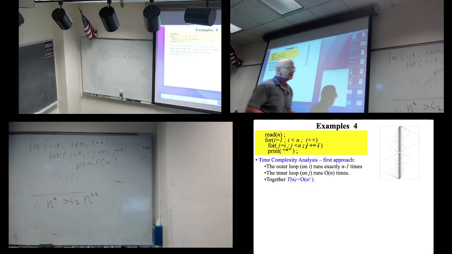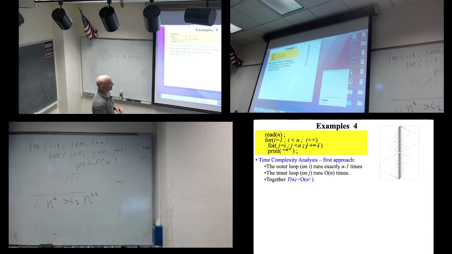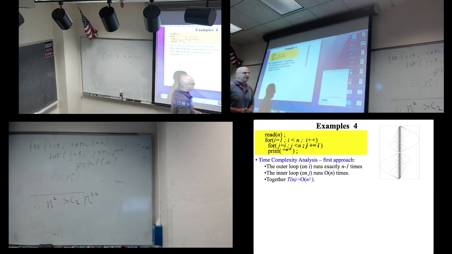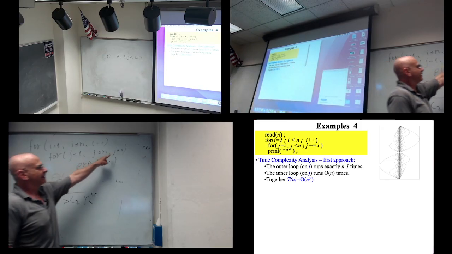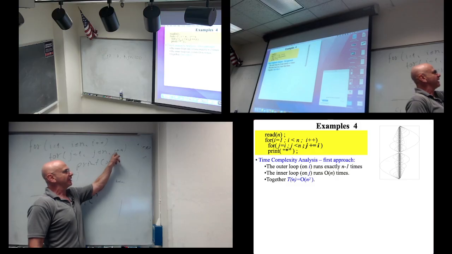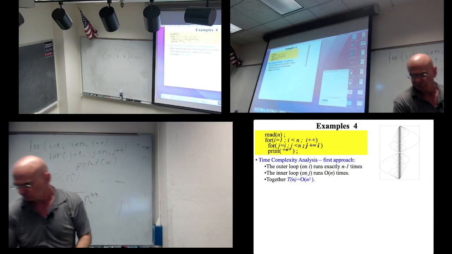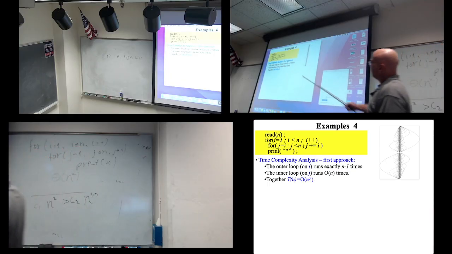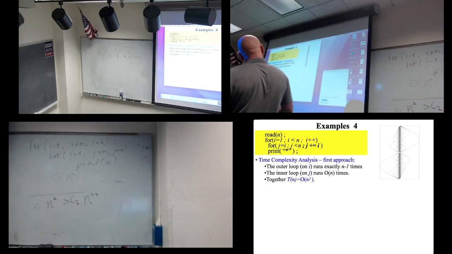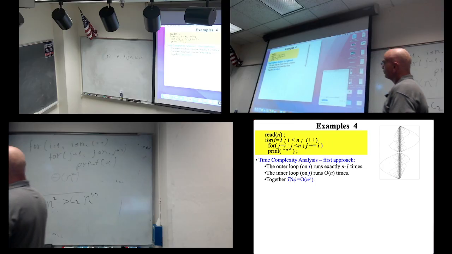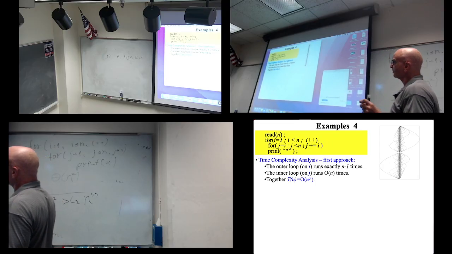Right, I think that you all agree. But the difference here is that here I'm changing j at each iteration by adding 1 to it. In this example, I'm adding i to j at each iteration.